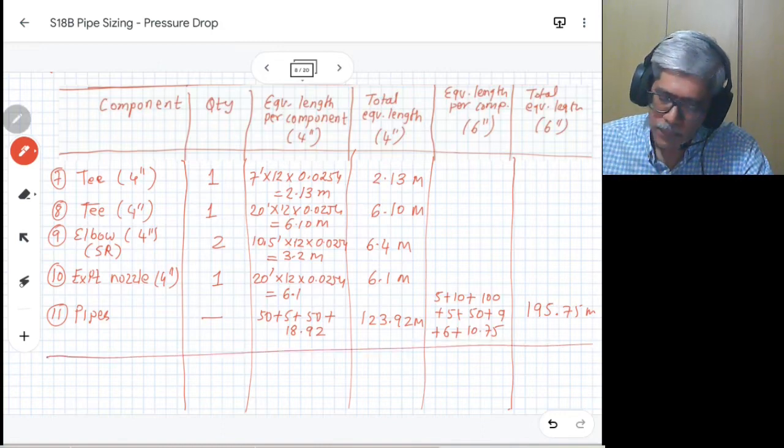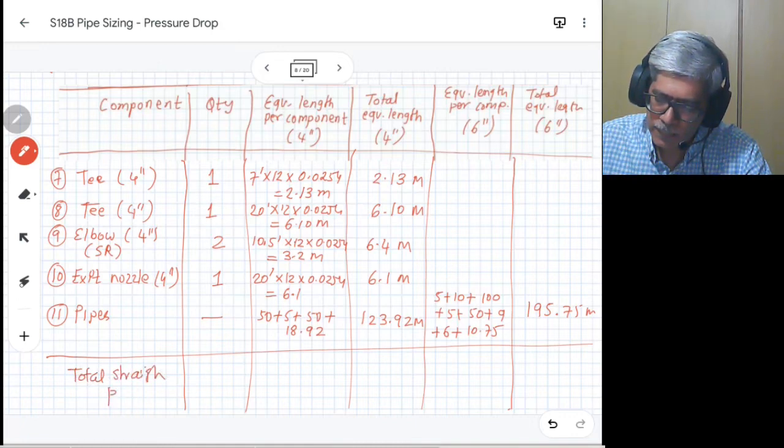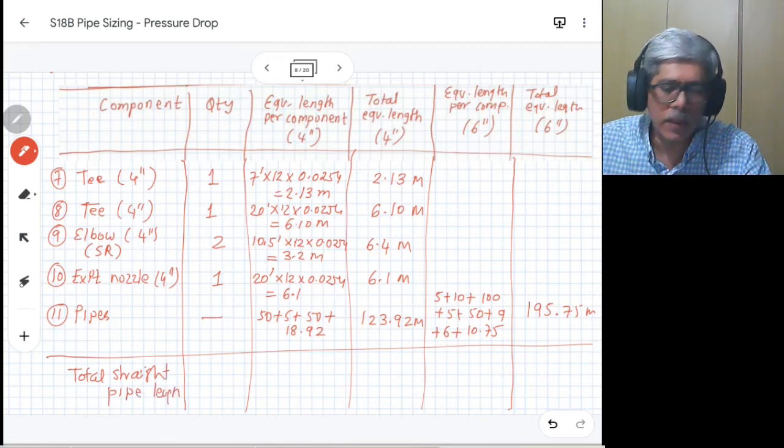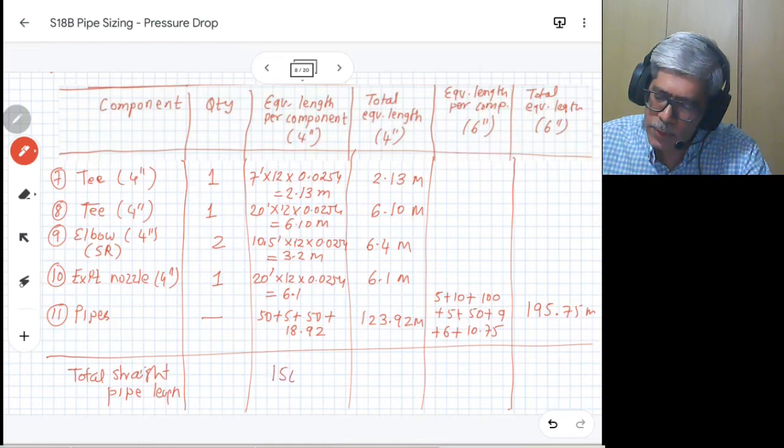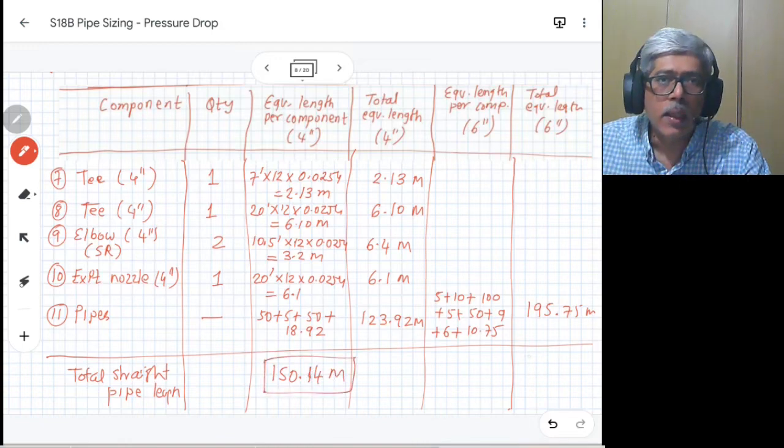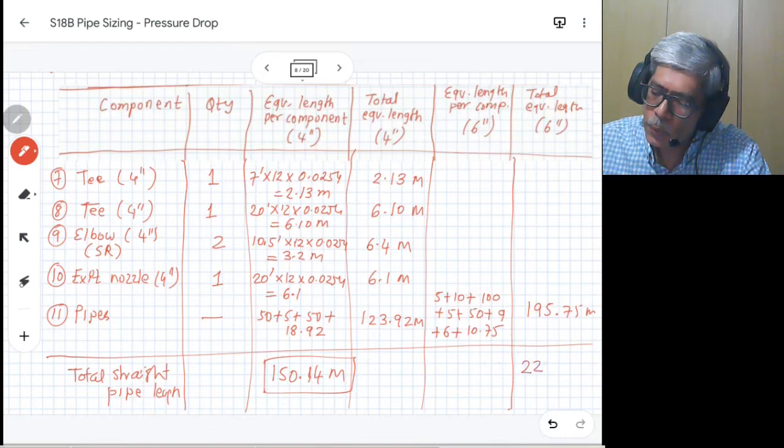So we have converted each of the components into their total equivalent length, and now we can calculate the total sum. So the total straight pipe length will be the addition of this column. If you add up for 4-inch, it comes to 150.14 meters, and for the 6-inch pipeline it comes to 225.17 meters.